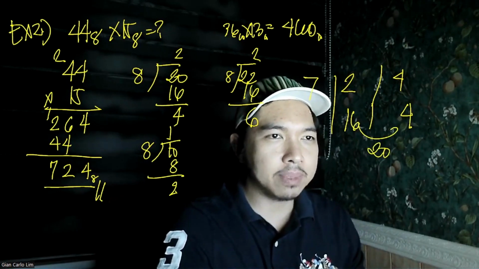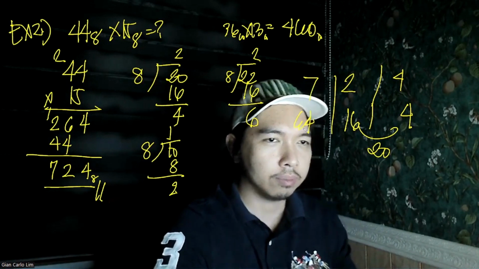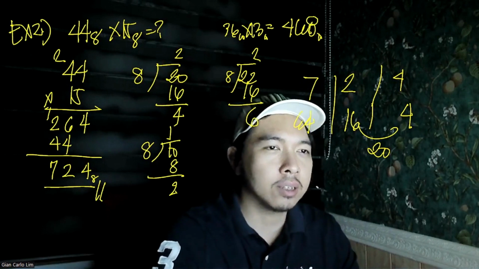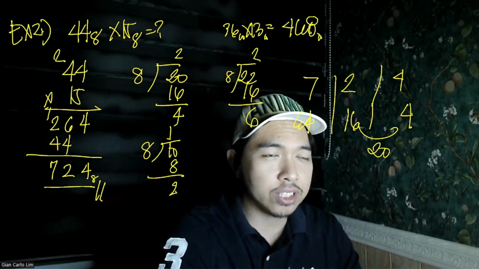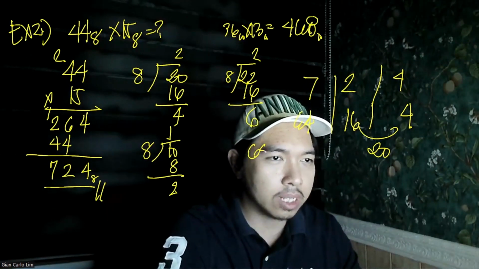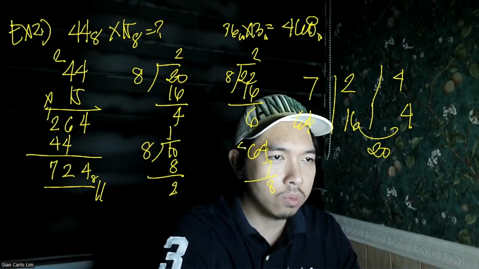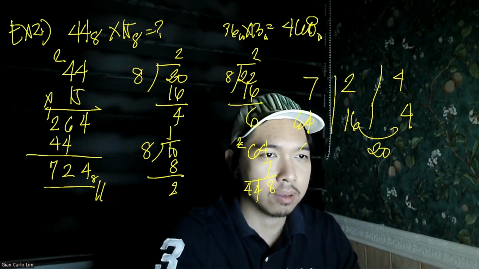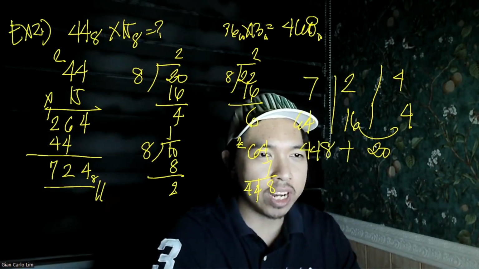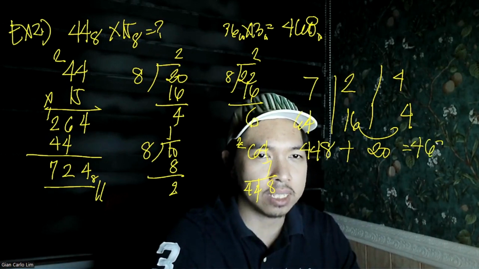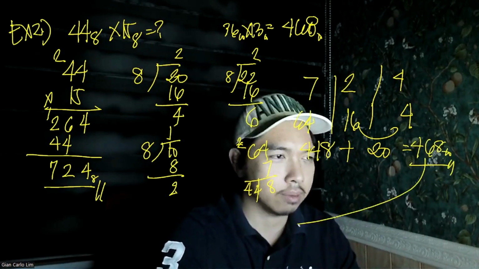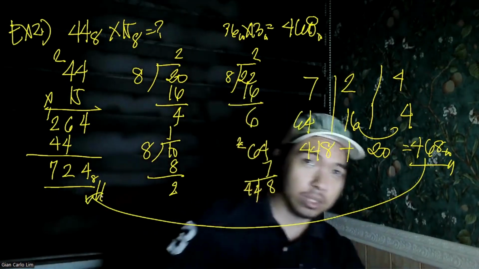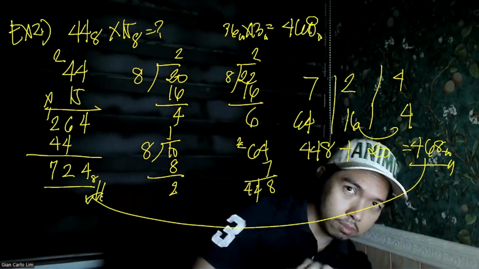So 7 times 64, so that's equal to 448. So 448 plus 20 is equal to 468. And we got the correct answer. So ganun lang kasimple mag-multiply.